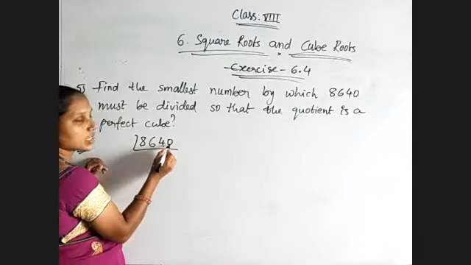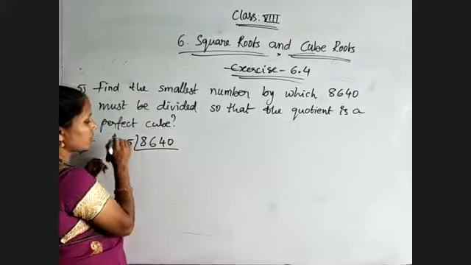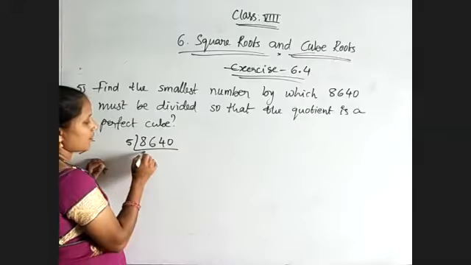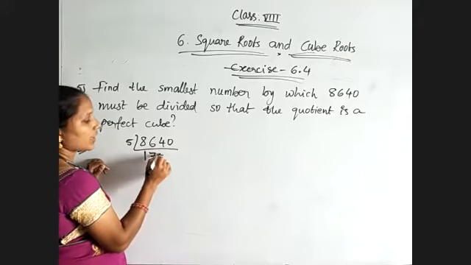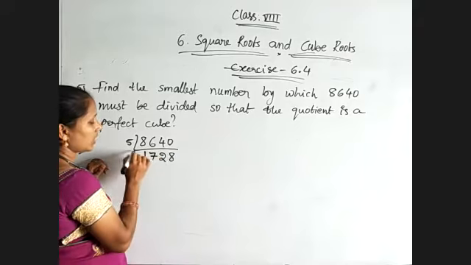What will we get? Because 0 is there, we can go through with the 5 table. 5 ones are 5, 5 sevens are 35, 5 twos are 10, 5 eights are 40.